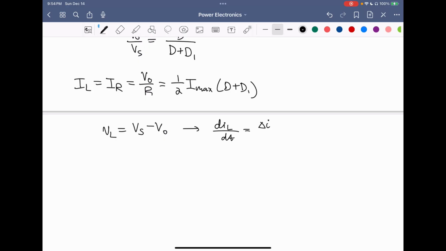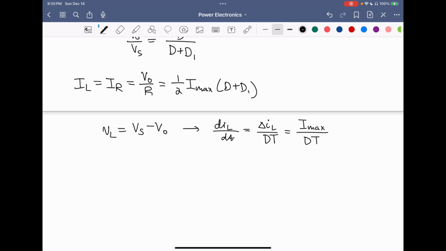So we can express this as delta IL over the time interval dt. Delta IL is just equal to I max in this case, because the current is starting from 0 and going up to I max, and the time interval is dt.